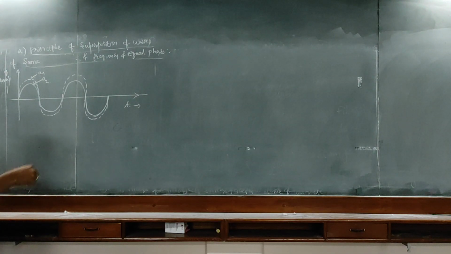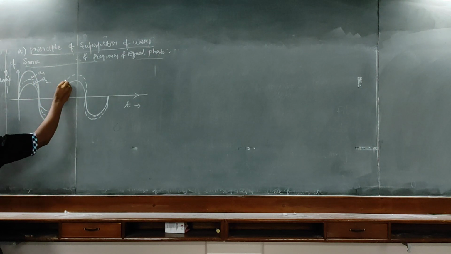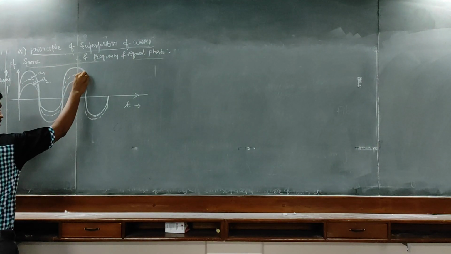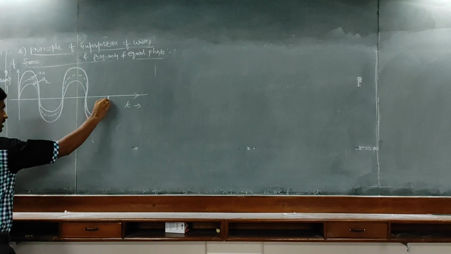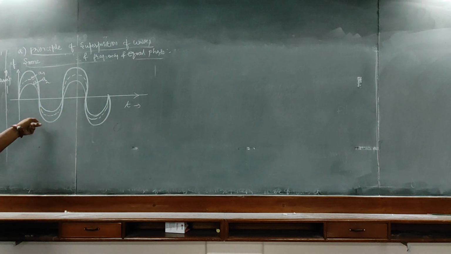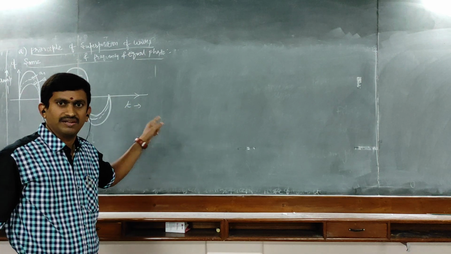Then what about the resultant wave? The resultant wave is represented by the continuous wave of maximum amplitude, because in this case the crest of one wave exactly falls on the crest of the second wave.